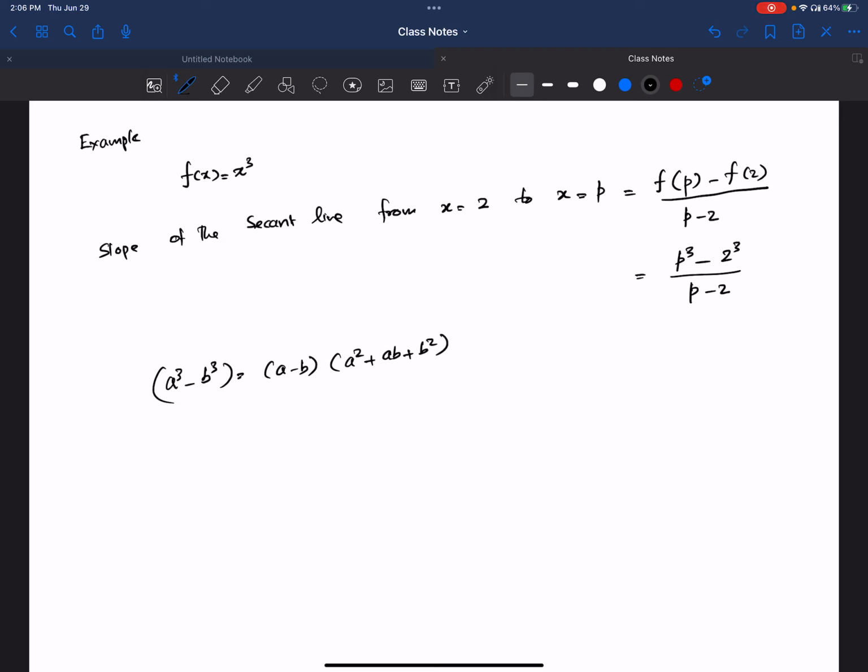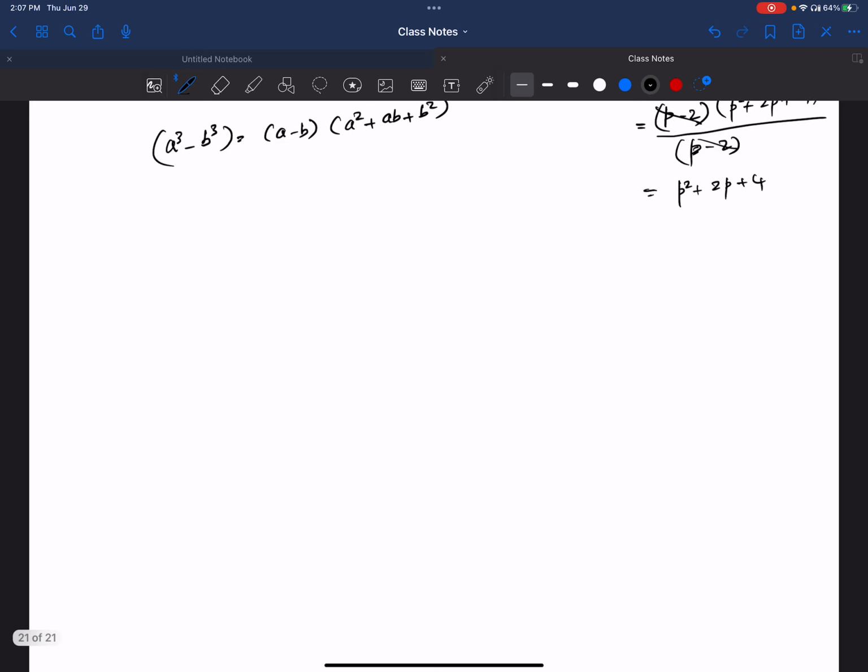You have learned this in algebra or pre-calculus previously. So I can write the same thing here, with p instead of a and 2 instead of b: p squared plus 2p plus 2 squared, which is 4, divided by p minus 2. I can cancel these two, and you get p squared plus 2p plus 4. That's the slope of the secant line.